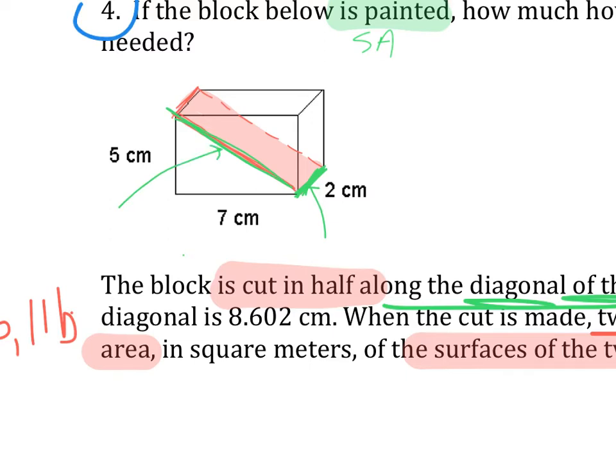Well, it's not 7, because you'll notice 7 is not on the actual drawing. It's also not 5. 5 is not on the actual rectangle, okay? It's the length of this diagonal, which if you're reading, the length of the diagonal is written right here.